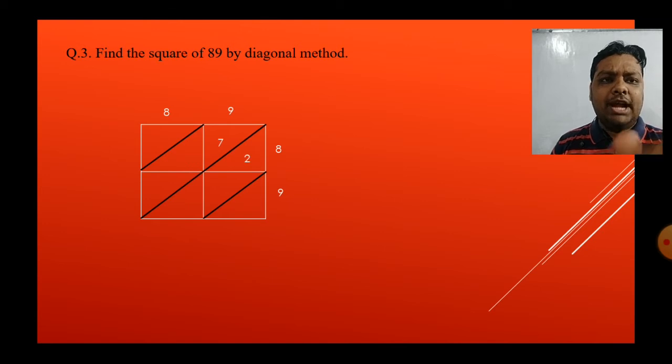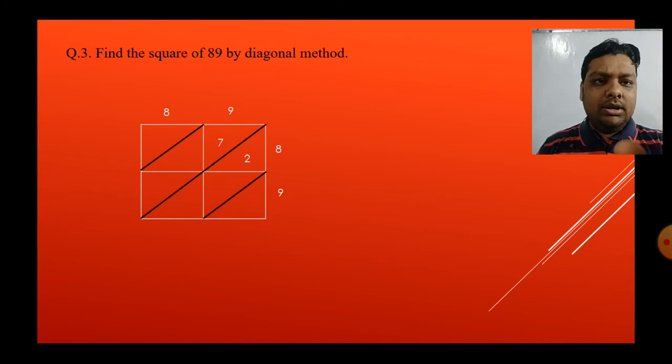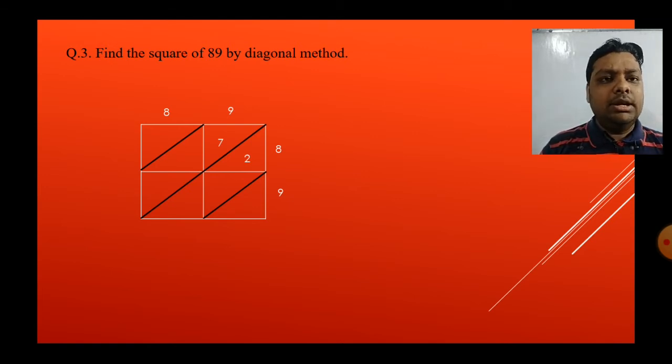At first 9 into 8, because here you can see in this square, the top right sub-square, the number on top is 9 and the number on the right side is 8.